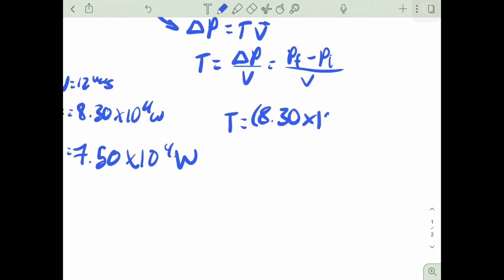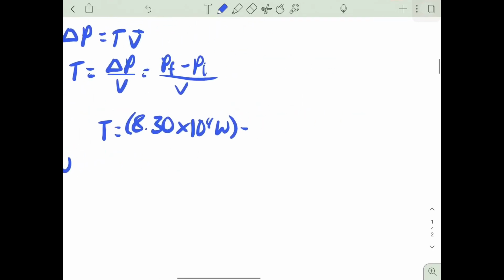8.30. I like to keep stuff in parentheses when I'm plugging in, just to show that I'm substituting values in. Times 10 to the fourth watts. I don't know how Miss Lozarbe wants you to do it, but I usually don't put variables when I'm plugging in. I'm just doing it so you guys can follow along.